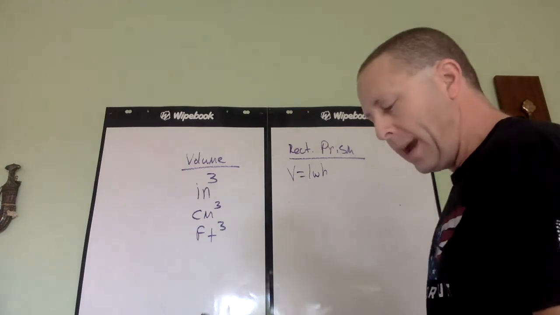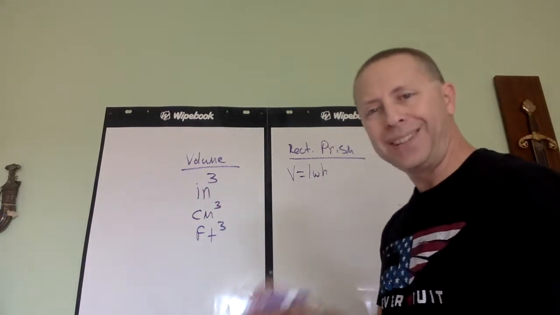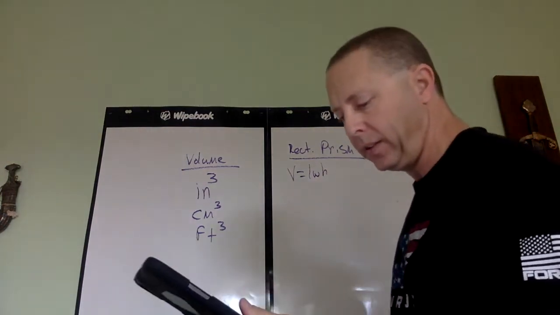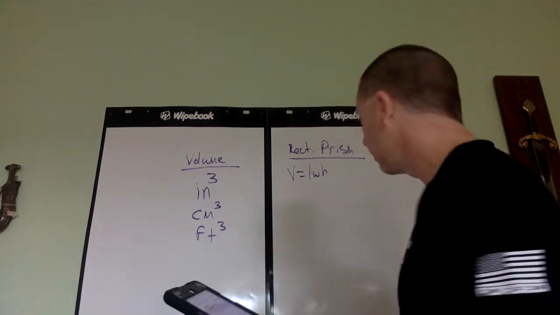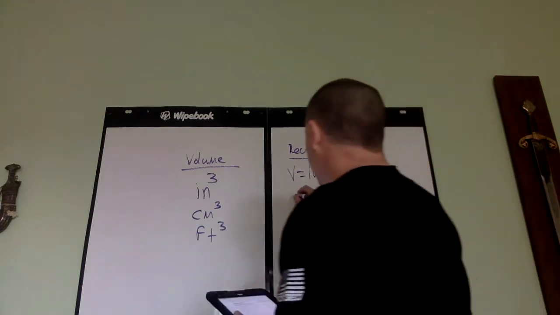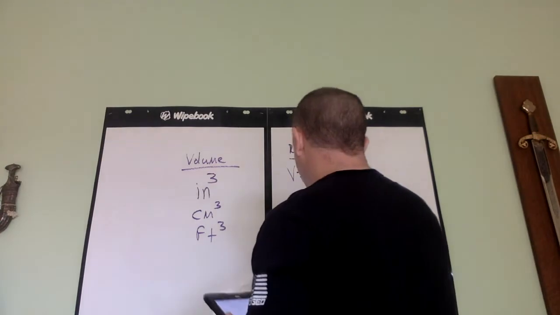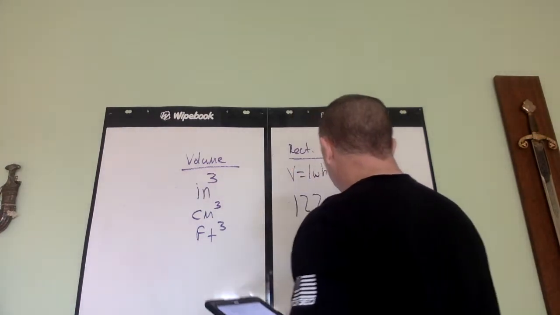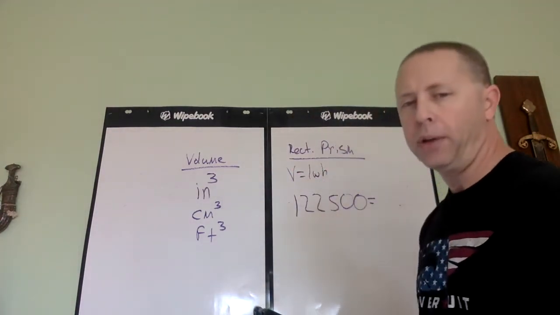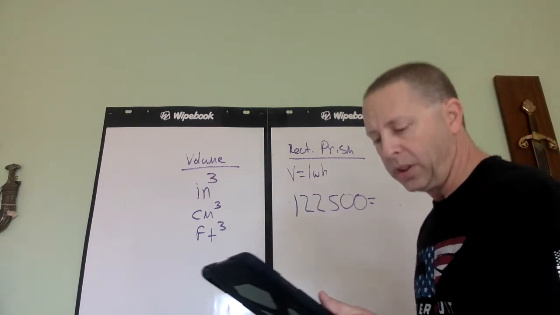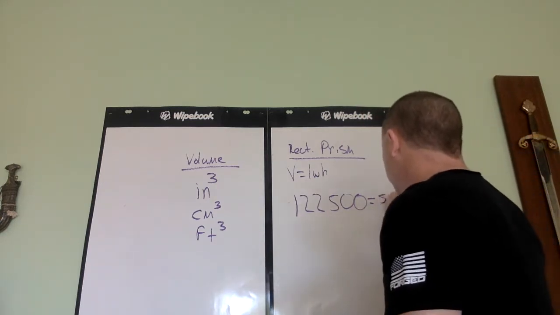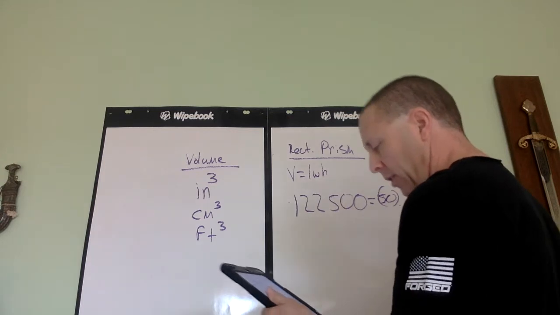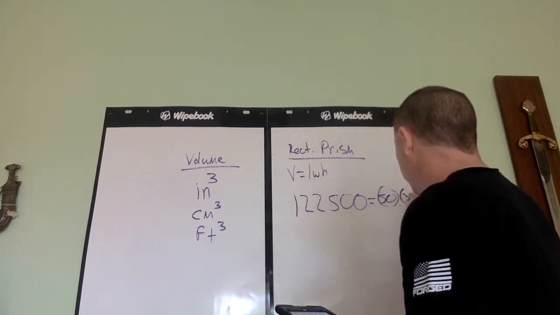Now, with that being said, I'm going to model number 10 for you. Number 10 says this: volume equals 122,500 cubic centimeters. So 1, 2, 2, 5, 0, 0 goes in the volume spot. Then it tells you that the length is 50, and the width is 35.